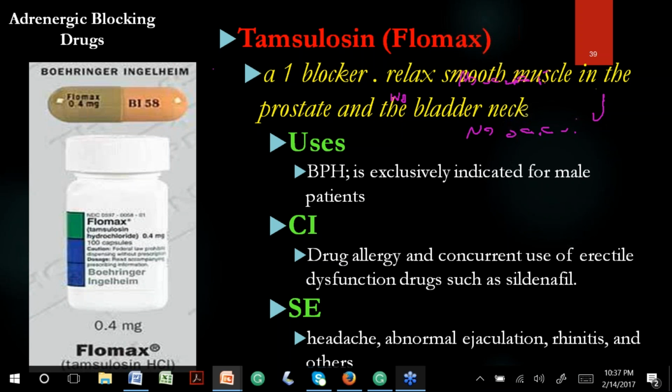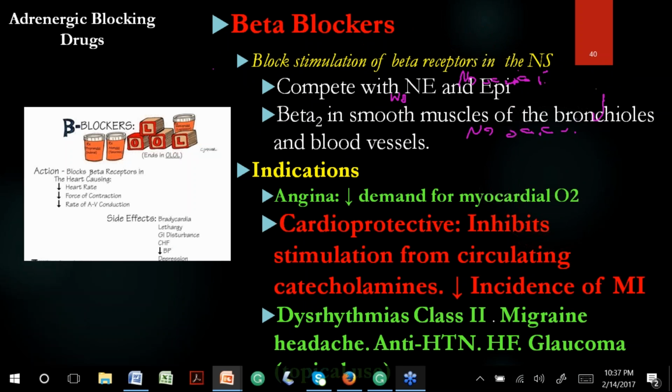So what tamsulosin does is relax the muscle of this portion of the prostate so it does not compress the urethra anymore. It also relaxes the smooth muscle of the urinary bladder, so close to the prostate.